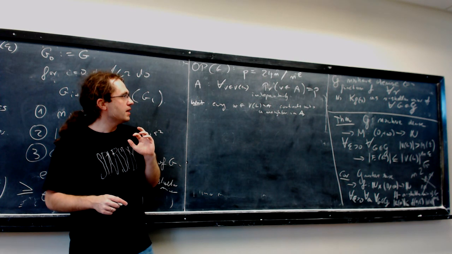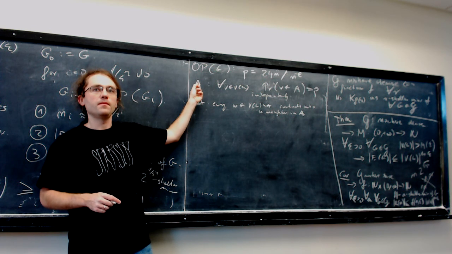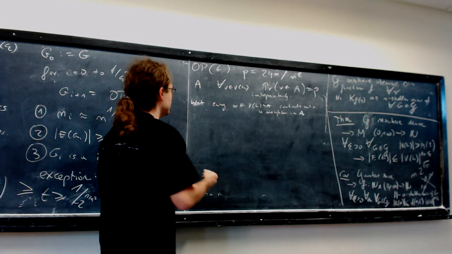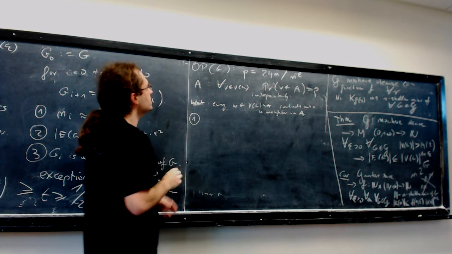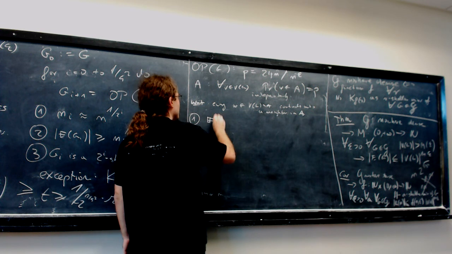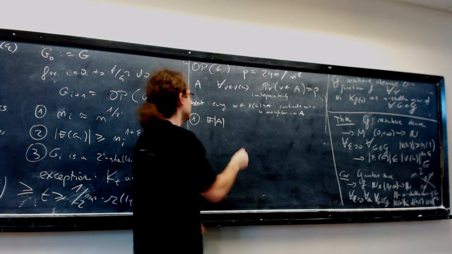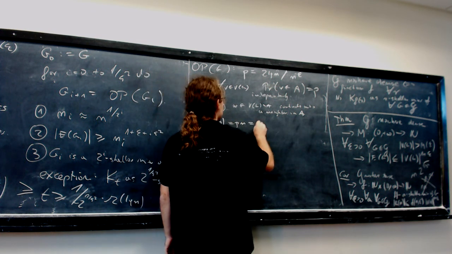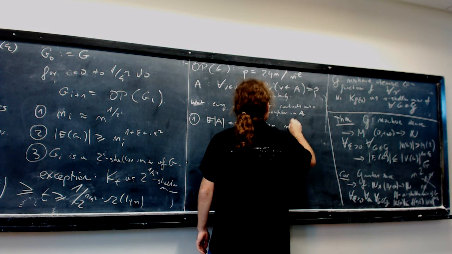So the first observation is how large the set A will be. What's the expected size of A? Well, that's easy. These are independent coin flips, so this is p times n, which is 2 log n times n to 1 minus epsilon.